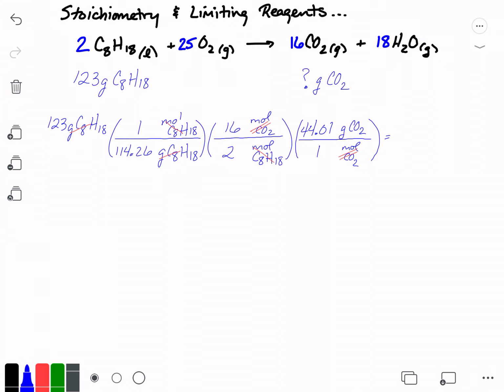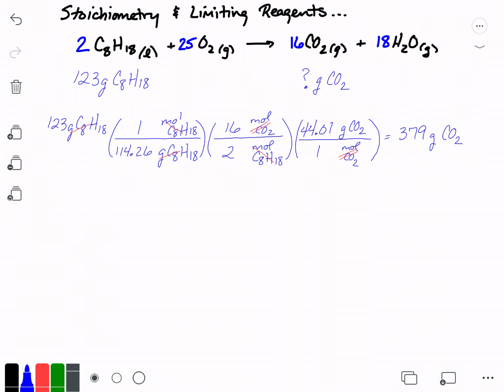I find out that burning 123 grams of octane will produce 379 grams of carbon dioxide. That's taking my 123 divided by the 114 number, times 16 divided by 2, and then times 44 in that third bracket.